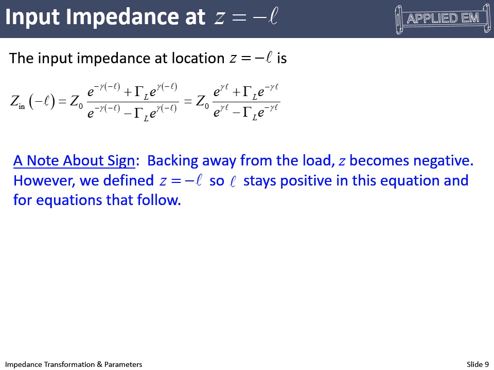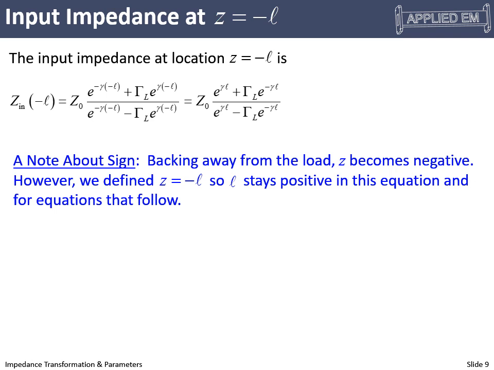Before we move on, I just want to note about this sign because this is very confusing. We're defining the load to exist at z equals 0. As we back away from the load to the left, our position in z is negative. However, this L is the distance backward that we go, so L is positive.